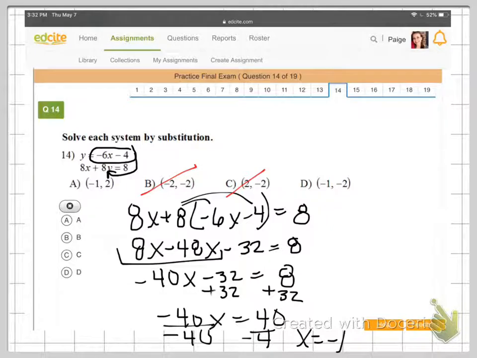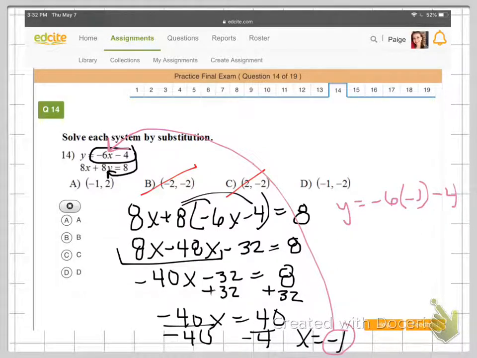So now we can take that negative 1 and plug it back in so we can find our y. So I got y equals negative 6 times negative 1 minus 4. So negative 6 times negative 1 gets me 6, and then minus 4 gets me 2. So y equals 2, and then that would give us A as our final answer.